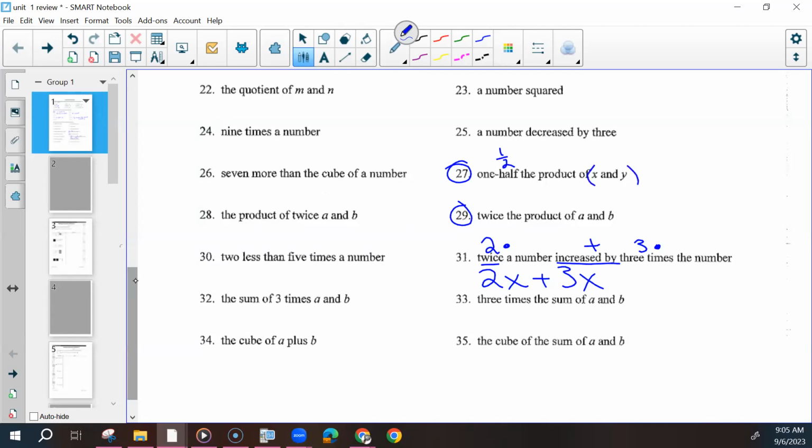The product of these two things are being multiplied, x and y. So we could write this as 1/2 and then in parentheses x, y. Remember, you don't need the dot. Right now, on this quiz, this test, if you put that, it's okay, but next unit, we want to stop doing that completely unless absolutely necessary.